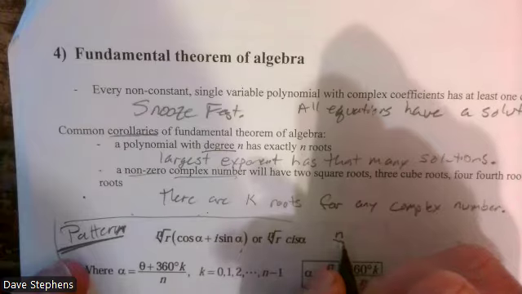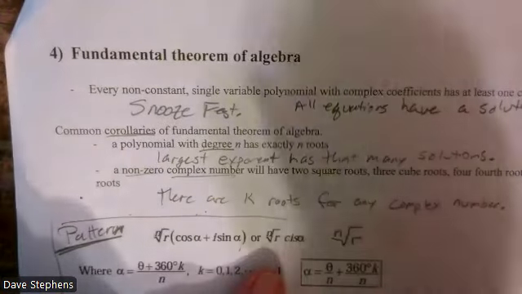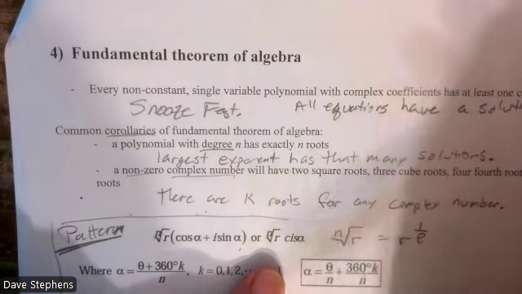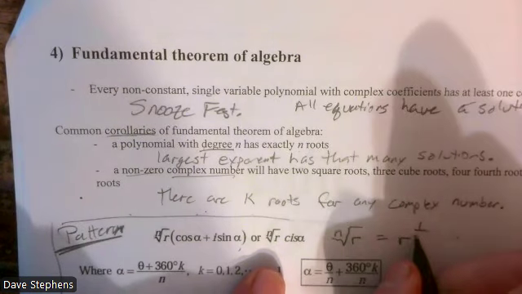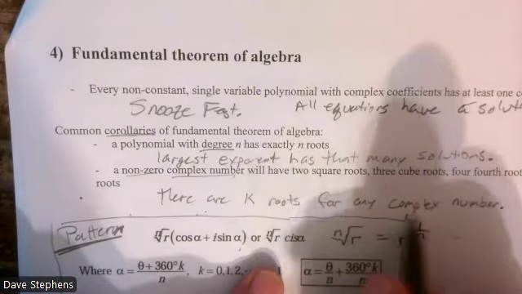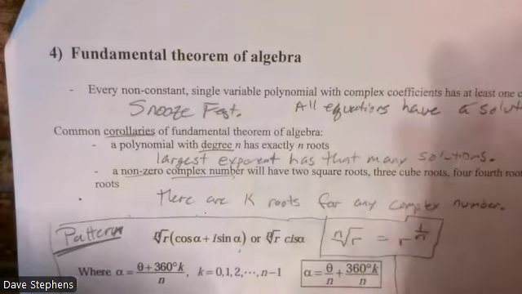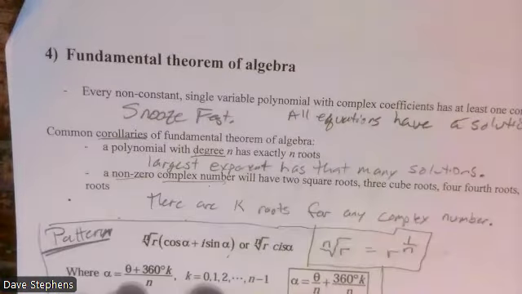The nth root of r, another way of saying that is r raised to the 1 over n power. That's going to be true. That's the information I want you to have right there. This is one and the same, and here's the formula that we're going to use.